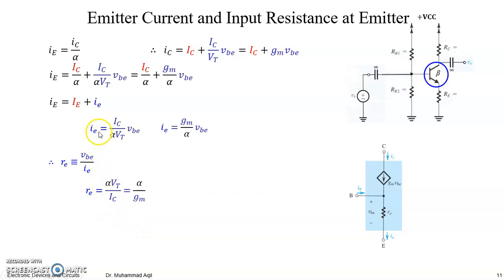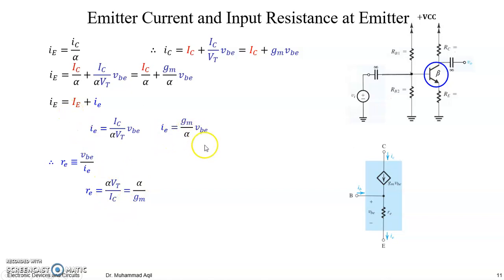So now with this definition, this derived emitter AC current of this form, both are equivalent because we have just written gm instead of this thing. We can get the value of RE, right? So VBE by IE is equal to alpha VT by IC, right?